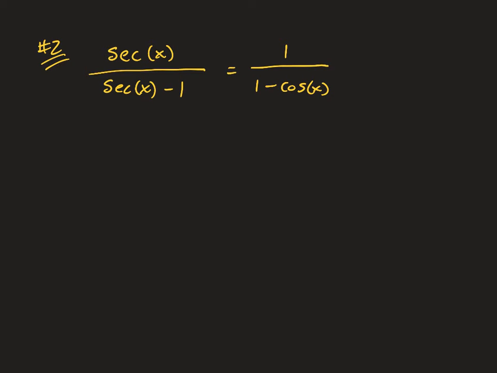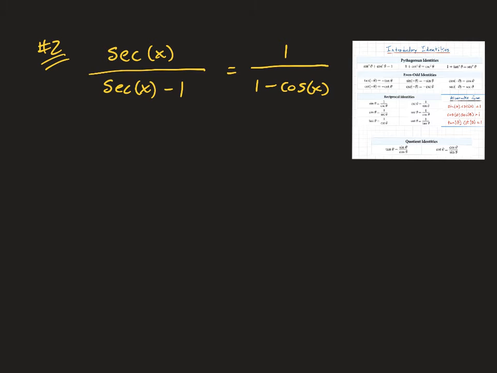So here's problem 2, and again, let me bring in my identities. Our job is to turn this side into this. And I'm actually going to take advantage of this little alternate form for the reciprocal identities here.